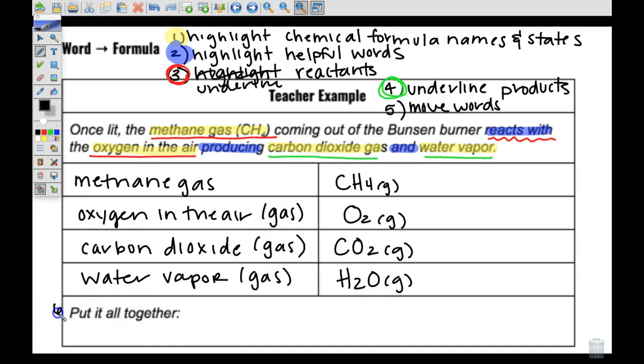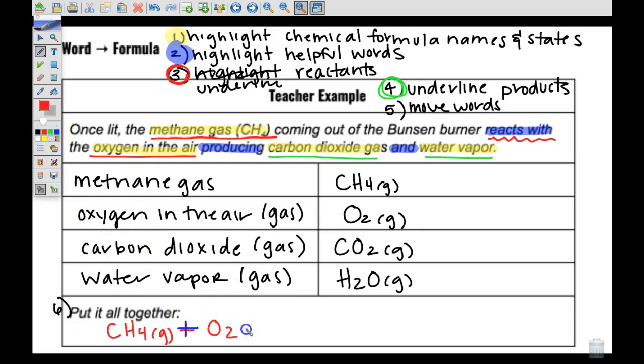Our sixth step in our process is actually putting it all together. My reactants have to go on the left side of the arrow. So that's CH4, and that's a gas. Then we have our reacts with, our plus sign, kind of like our and. So methane gas reacts with oxygen in the air.